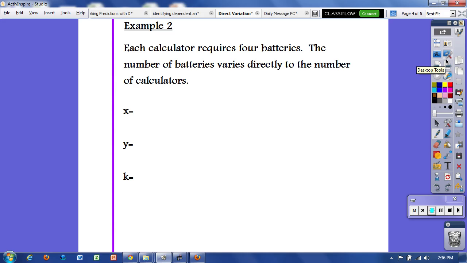Example 2. Each calculator requires 4 batteries. The number of batteries varies directly to the number of calculators. So if I'm thinking about this scenario, I would say that the independent variable is going to be the number of calculators.